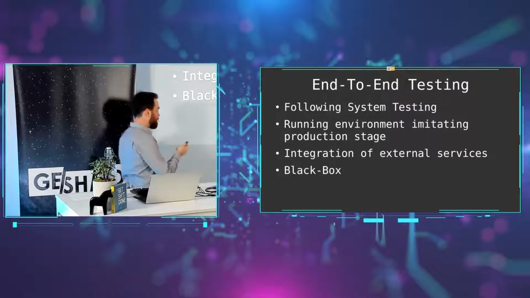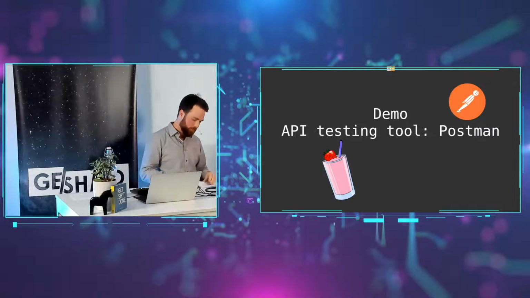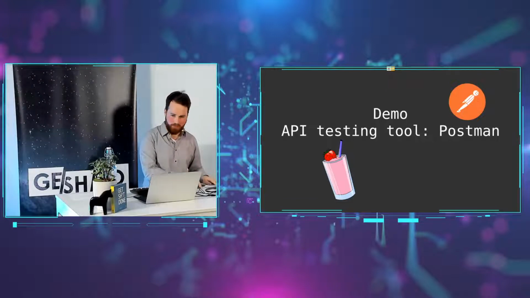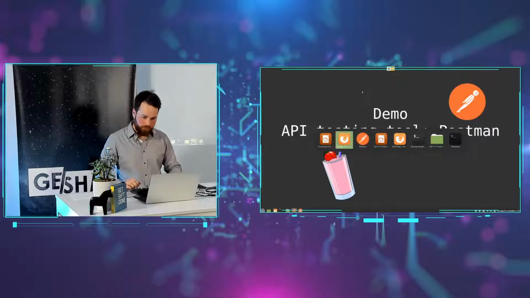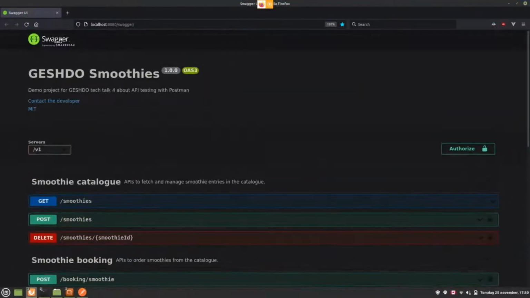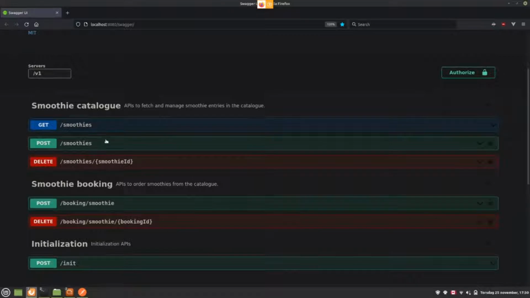All right, so this is what I want to present now, and I have a small demo prepared for this with a test project that I created. And this test project, I just want to show you real quick, is just a small API called GESHDO Smoothies. And the business logic of this API is basically we have two parts.